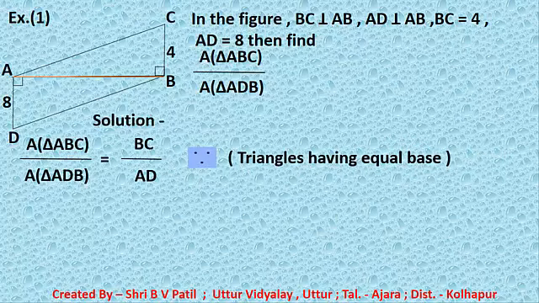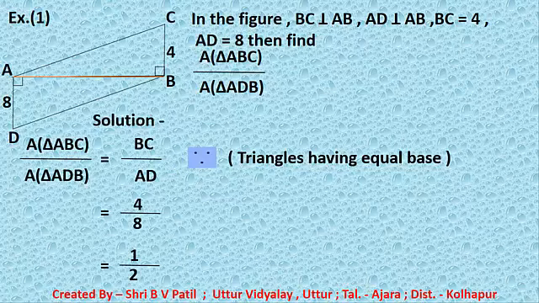BC is 4 divided by AD is 8, is equal to 4 1 is 4 divided by 4 2s are 8.